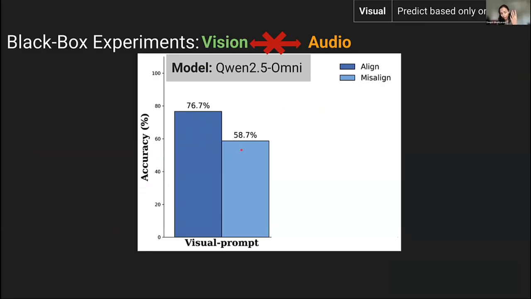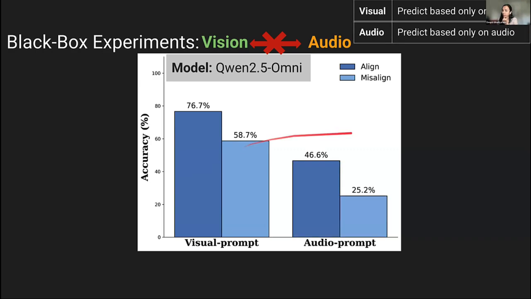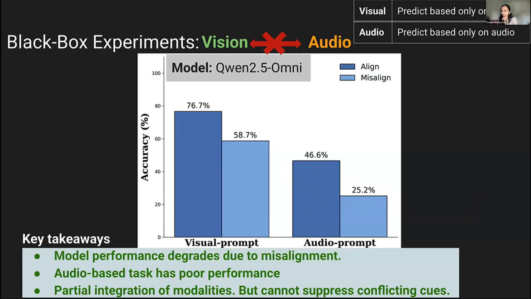So even though the vision modality has not been tampered with, the visual reasoning definitely gets impacted because of this cross-modal misalignment. Similar observations were found in the audio prompt when we asked, what object do you hear? Even there, we found a 20% drop in the performance.